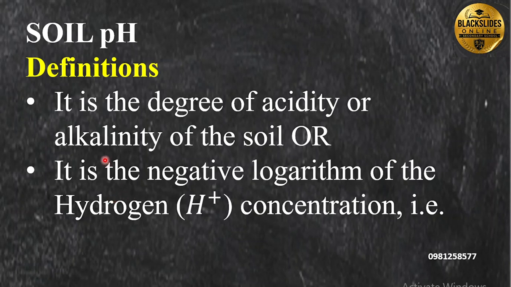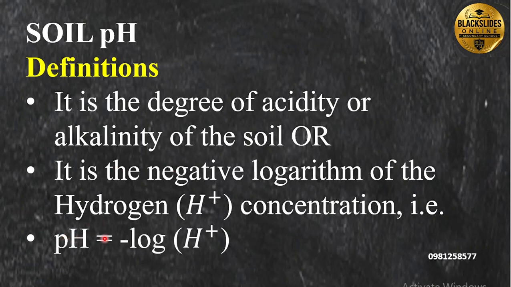it will give you pH. But for now, we'll take it simply as the degree of acidity or alkalinity of the soil. Soil pH is how acidic or alkaline or basic the soil is. That's called the soil pH.